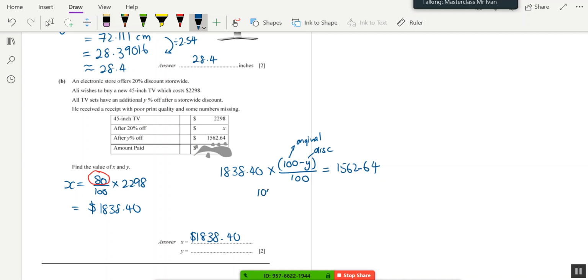Okay, so which means 100 minus Y over 100 is equal to 1562.64 over 1838.4.